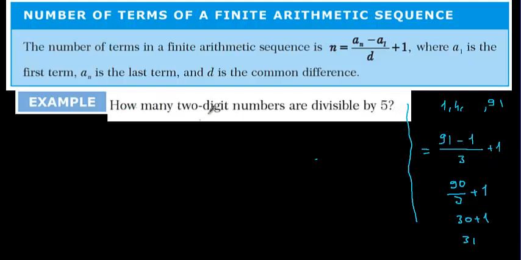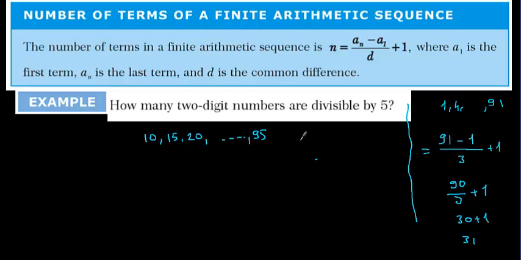And here it says, how many two-digit numbers are divisible by 5? We know that the smallest two-digit number divisible by 5 is 10, the second one is 15, then the third one is 20, and it continues like this till 95. 100 is a three-digit number and 5 is a one-digit number, so they cannot be included.